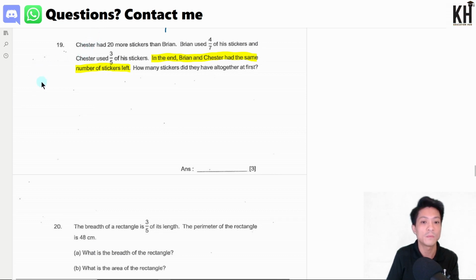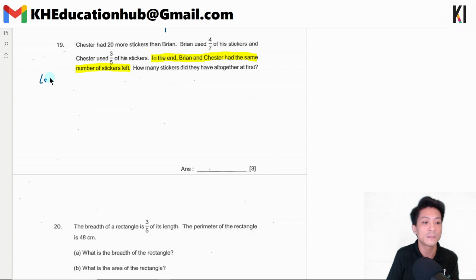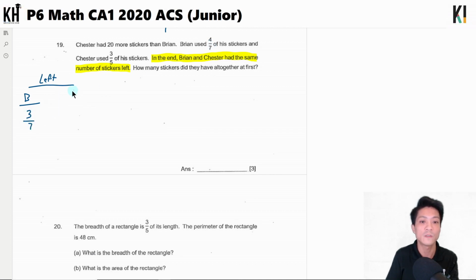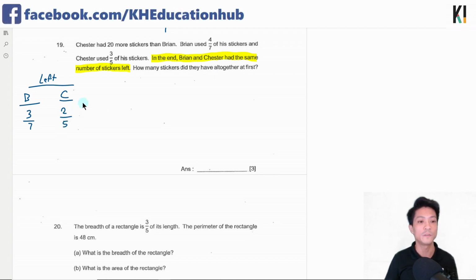For the number of stickers left, Brian used 4/7, so he's left with 3 out of 7. Chester used 3/5, that means he's left with 2/5.